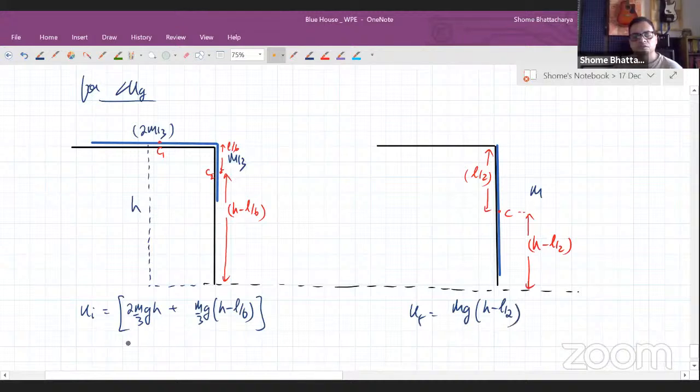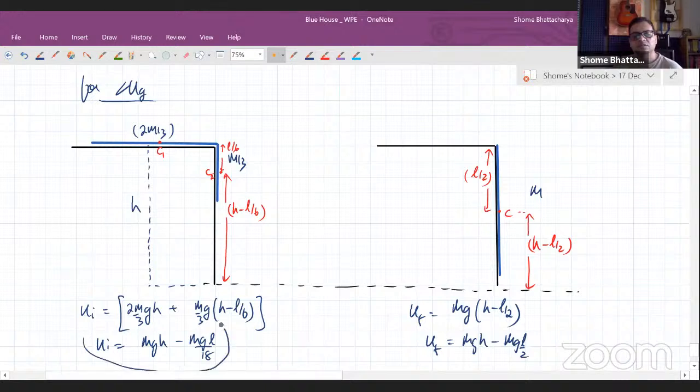So when you calculate this, it becomes mgh minus mg L by 18, and this becomes mgh minus mg L by 2. This is my initial potential energy, and this is my final potential energy with respect to the same reference level.